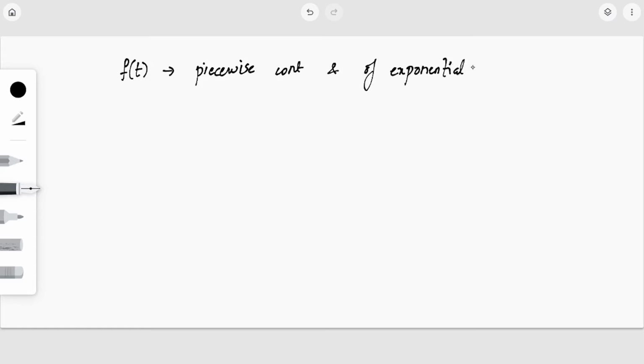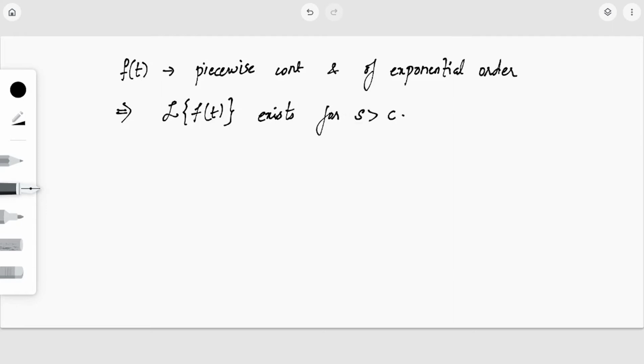So these are the two conditions that we have to consider, and then this implies the Laplace transform of f of t exists for s greater than c.